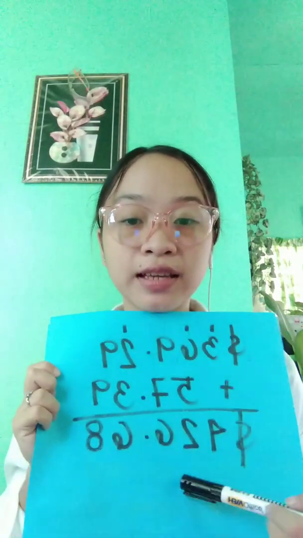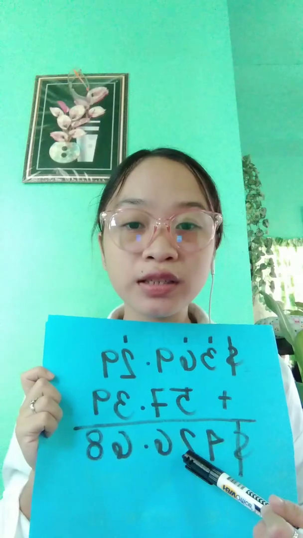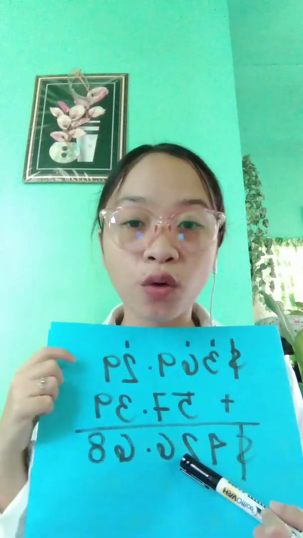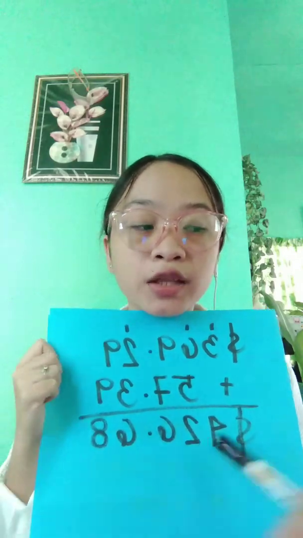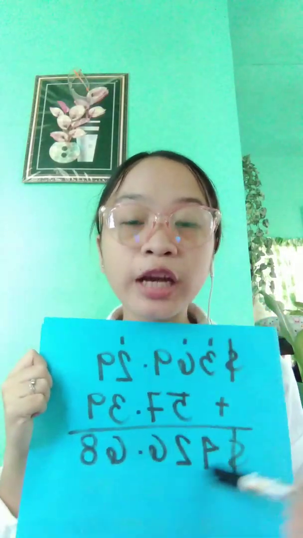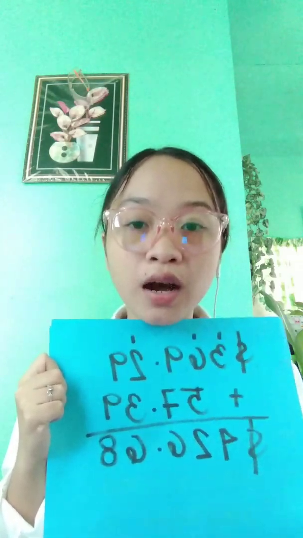So, all in all, Kate's money now is $426.68. Okay? Am I understood? So, that's how you determine the numbers involved, and all you have to do is to add the numbers involved in the problem.